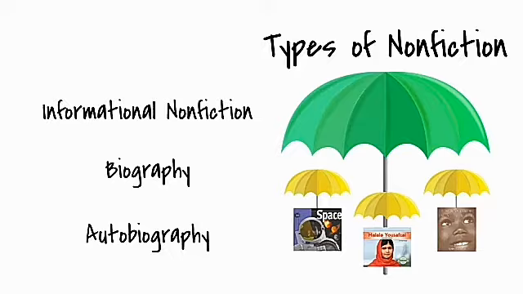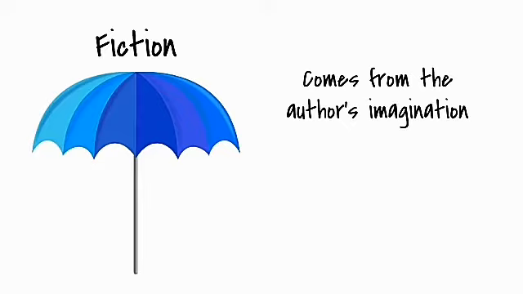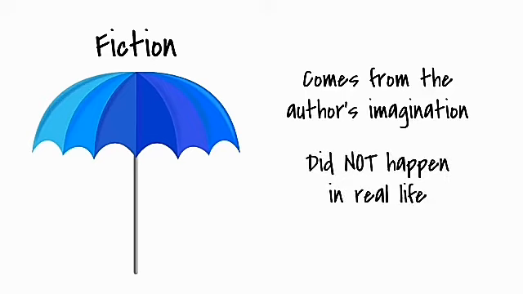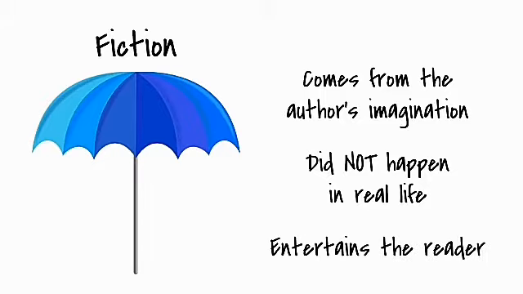Now let's take a look at the fiction umbrella. Fiction books are stories that come from an author's imagination. They are made-up stories about characters or events that did not happen in real life. In a fiction book, the author can make up all sorts of things to entertain the reader. Even if there is some true information, if the book contains anything made up from the author's imagination, we call it fiction.